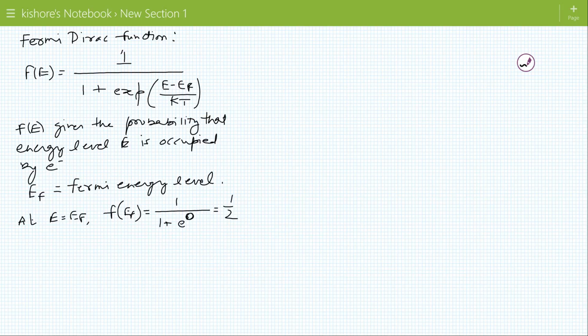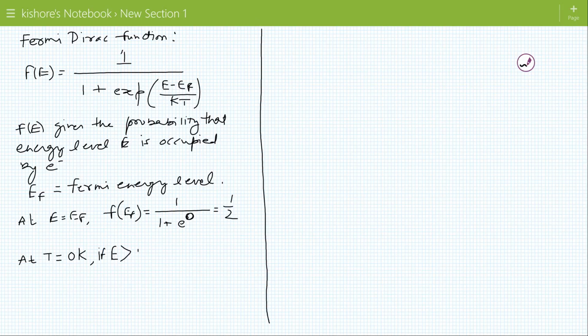Now we can draw the Fermi-Dirac function versus E curve. But before that, let us see the value of Fermi-Dirac function at absolute temperature. At T equal to 0 Kelvin, and if energy is greater than Fermi energy level, the Fermi-Dirac function is 1 upon 1 plus e to the power (E minus EF) by kT.